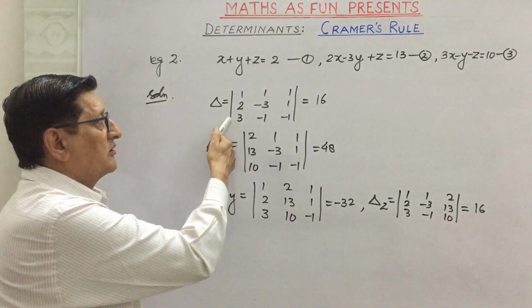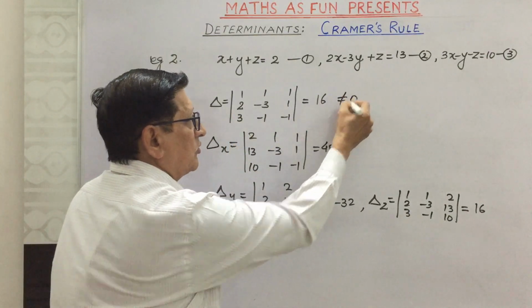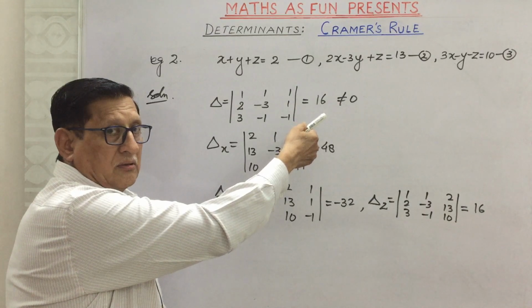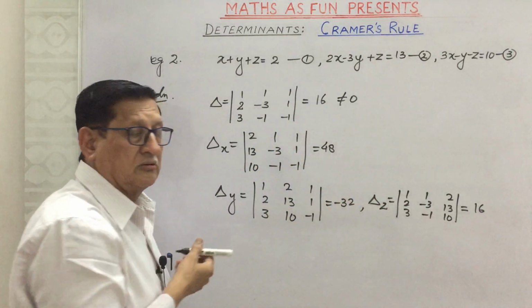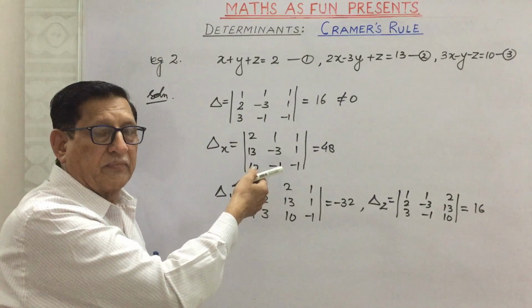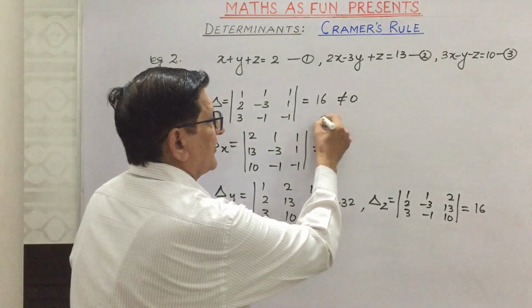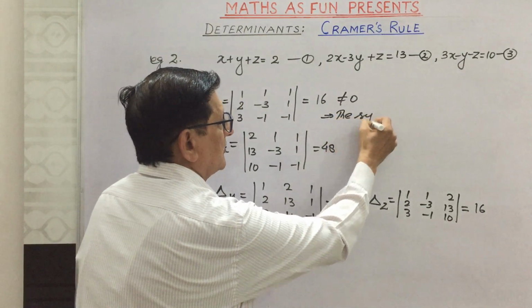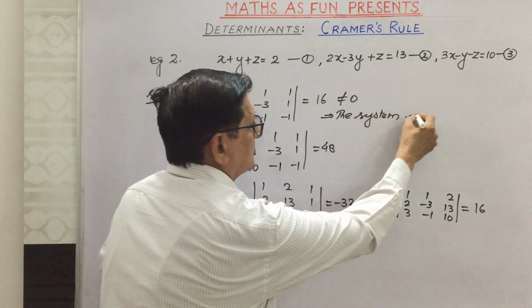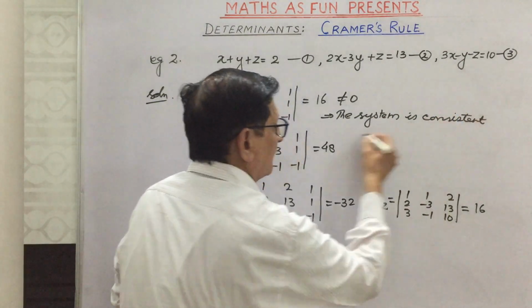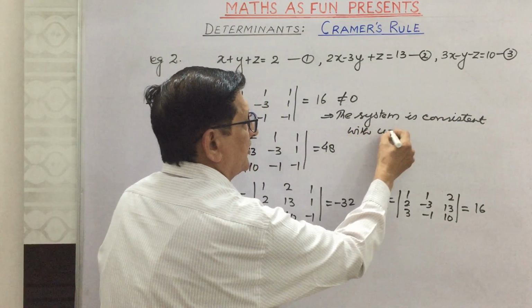We have seen that delta is not equal to 0. And if delta is not equal to 0 and all these are also non-zero, we are finding it will have a consistent and unique solution. So we say the system is consistent with unique solution.